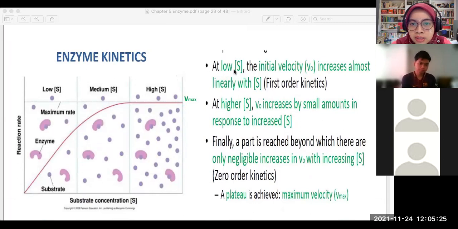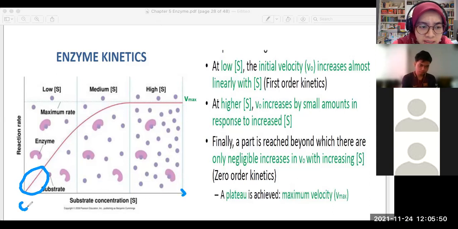So at low concentration of substrate, where S is substrate, the initial velocity increases almost linearly with the substrate concentration. This first sentence refers to this area. Let's take this as 0, this as 1 molar, 2 molar, 3 molar, so this is increasing concentration of substrate.